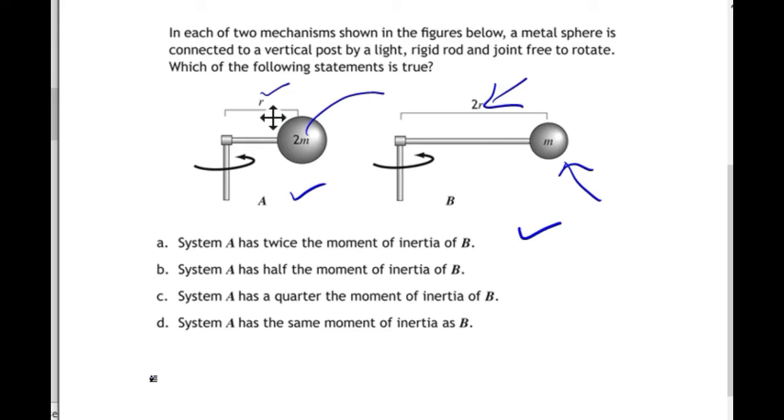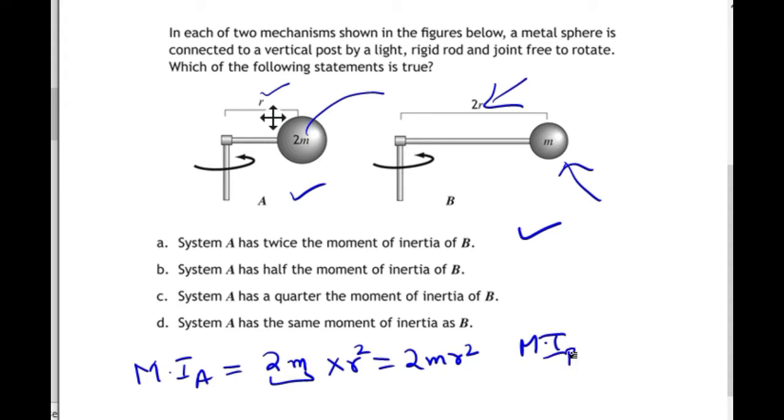So let's calculate the moment of inertia of the first mechanism, which is 2m, that's the mass, multiplied by r square, equal to 2m r square. And the moment of inertia of mechanism B is m into 2r whole square, equal to 4m r square.